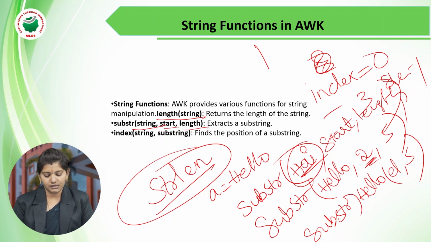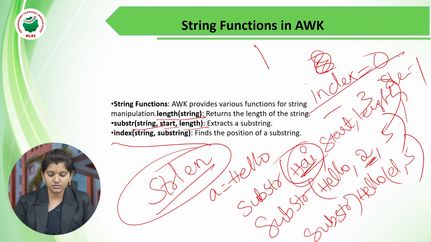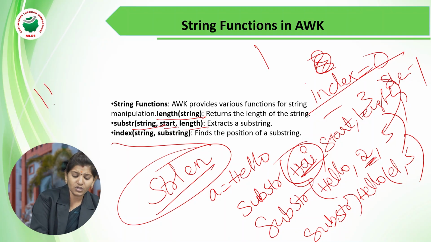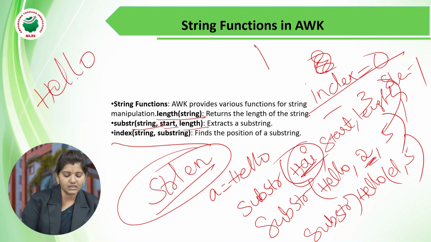And then coming to the index, as I already told you, index starts at 0 everywhere, while length starts at 1. Index is used for finding the position of a string or a particular character or letter. For example, hello is a string here.